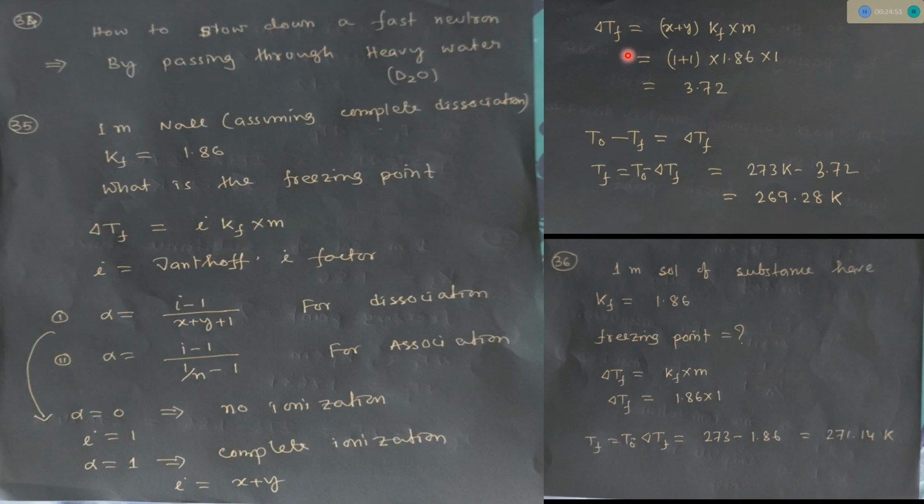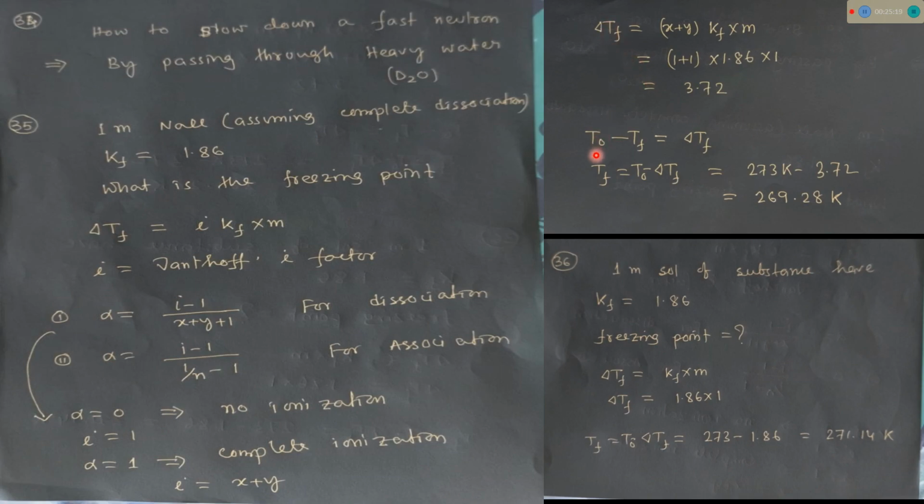We put x plus y in place of i: 1 plus 1, into 1.86, into 1 molar. So 3.72 is the depression of freezing point.